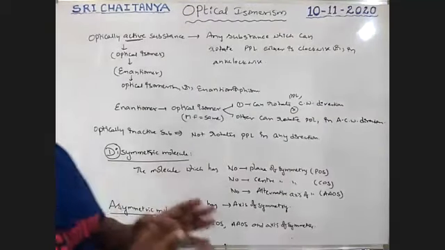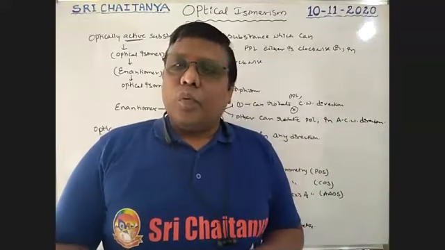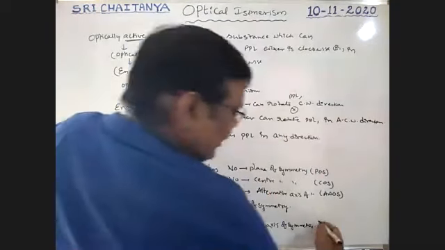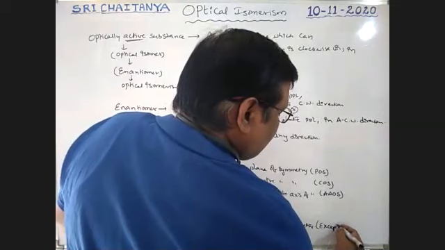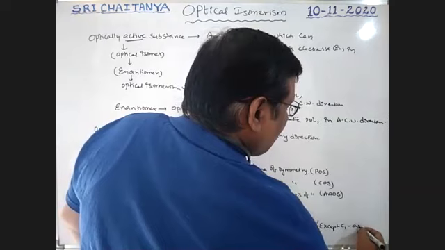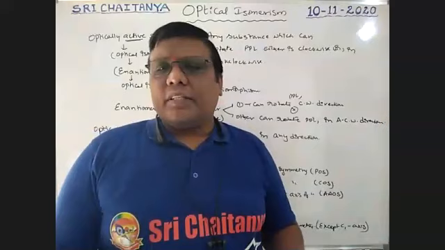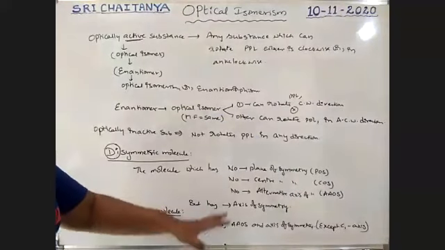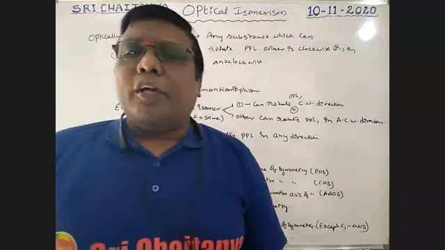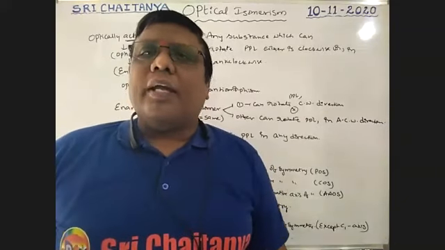That means all symmetry operations are cancelled here. No symmetry is there, except, boys, the C1 axis. The C1 axis is common for every compound, boys. I will explain what is this C1, C2 like this. Please wait. So almost all symmetry operations are cancelled here. That type of molecule is called an asymmetric molecule.